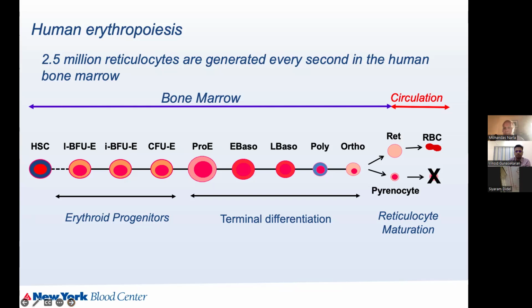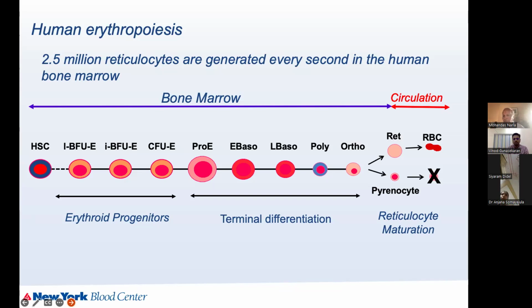At the last stage, the orthochromatic erythroblast, something very interesting happens: it doesn't undergo cell division in terms of generating two cells, but undergoes asymmetric cell division where it generates the enucleate reticulocyte and the extruded nucleus called the pyrenocyte, which is rapidly phagocytized by the macrophages in the bone marrow, and you don't see them at all because they're all immediately eaten up by the macrophage.